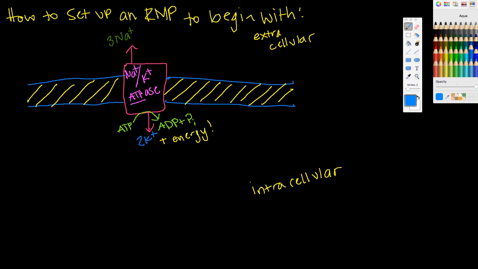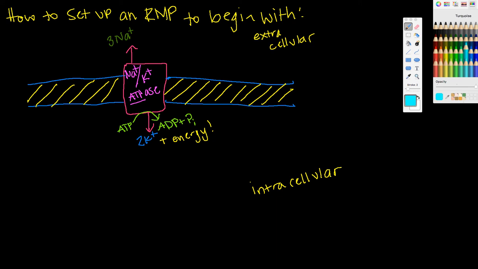The reason it needs ATP is because the cell is transporting sodium and potassium against their concentration gradients. So there's already a lot of sodium out here, and the cell is putting even more out. And there's already a lot of potassium in here, but the cell is putting even more in. So what happens when you do this is that a charge separation builds up. Because remember, if you have water behind a dam, the water is going to push up against the wall of the dam because it wants to flow down.